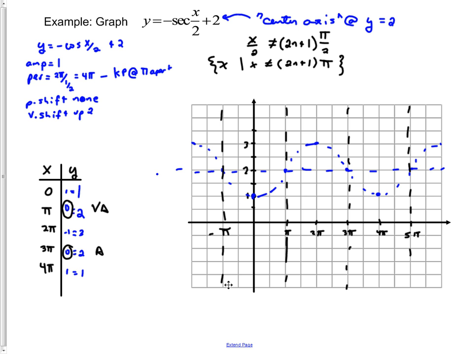As we continue to draw this graph, we're going to have our branches come up, pass through the point (0, 1), come down from infinity, pass through the point (2 pi, 3), and then have a vertical asymptote come along, pass through the point (4 pi, 1), and so on, all the way down the line. And this is the way our graph would look after we're done. So this is kind of what we wanted, and so we're all set. More to come.